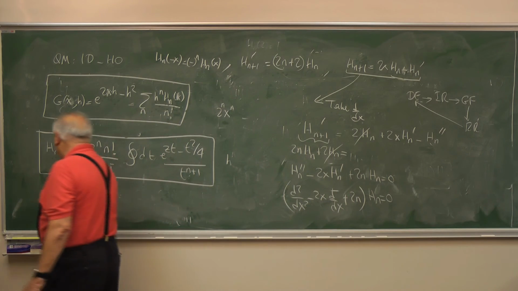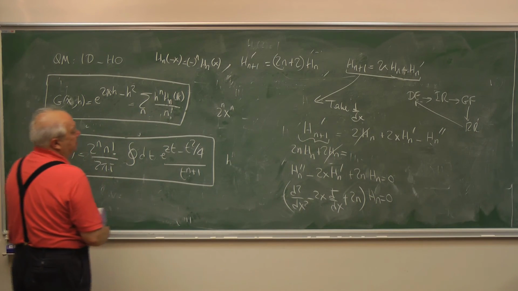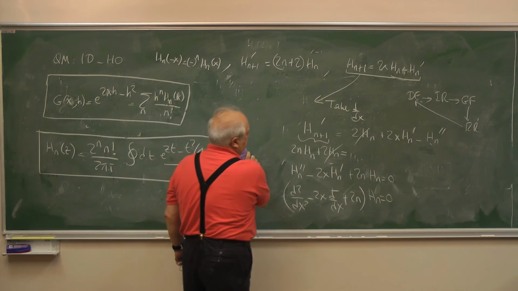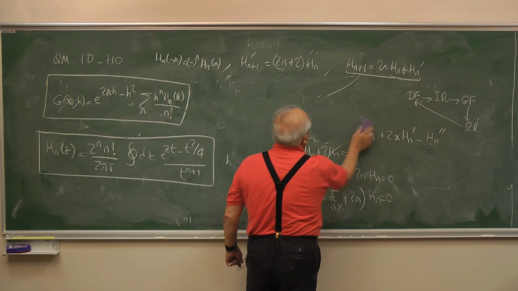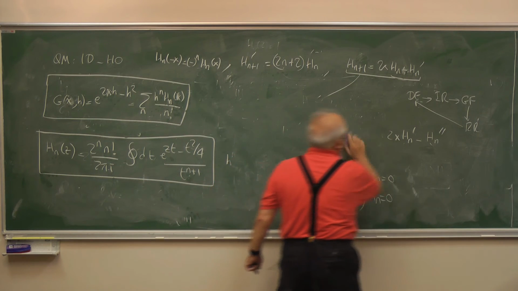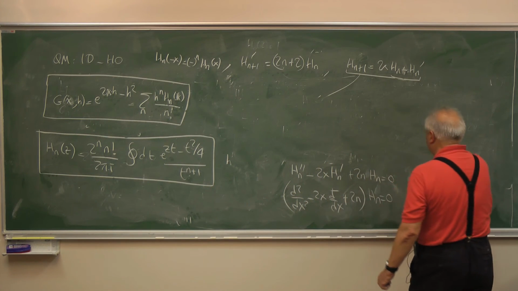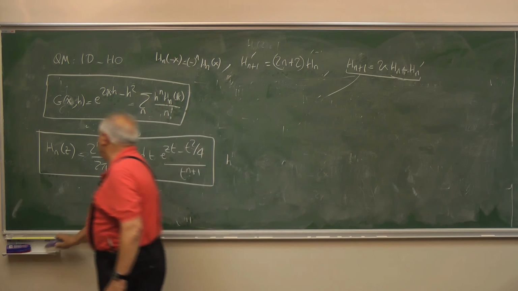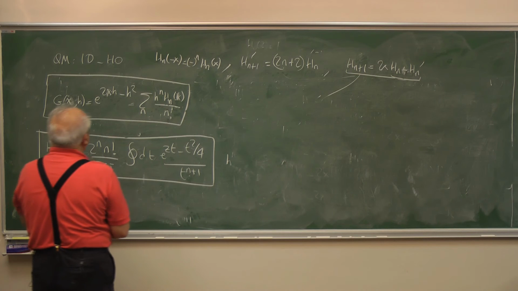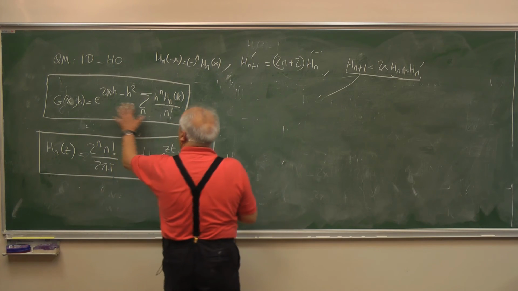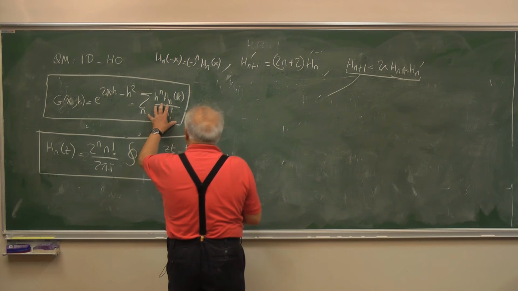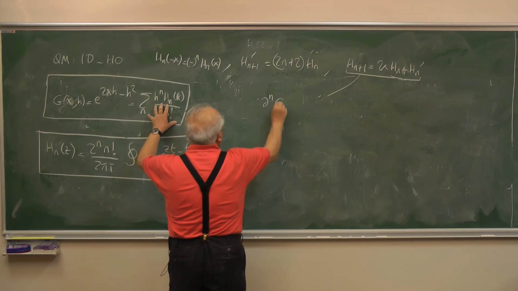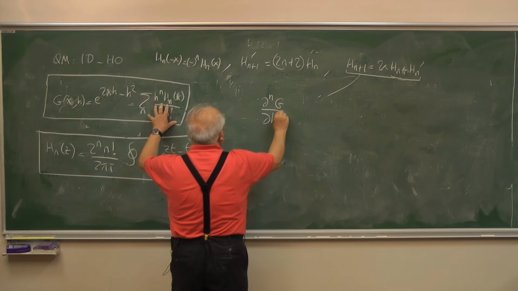There is one more interesting relation we can derive. I'm erasing this part. From the form of the generating function, we observe that del^n g over del h^n.